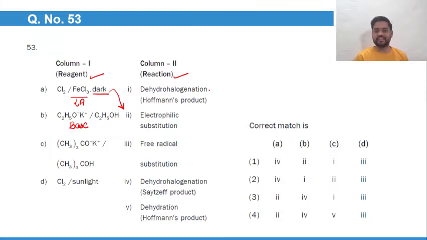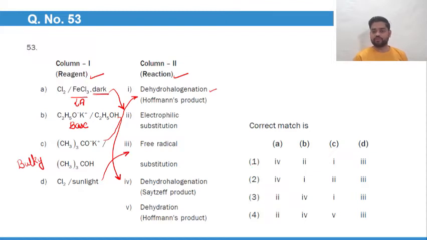This is the reaction. This reaction is right, but the product is wrong. Dehydrohalogenation with Saytzeff, yes, I'll go with B, option number 4. Again the same thing, dehydrohalogenation, but the base is a bulky base. Bulky base means what? Hofmann's, right? Chlorine in the presence of sunlight is free radical.